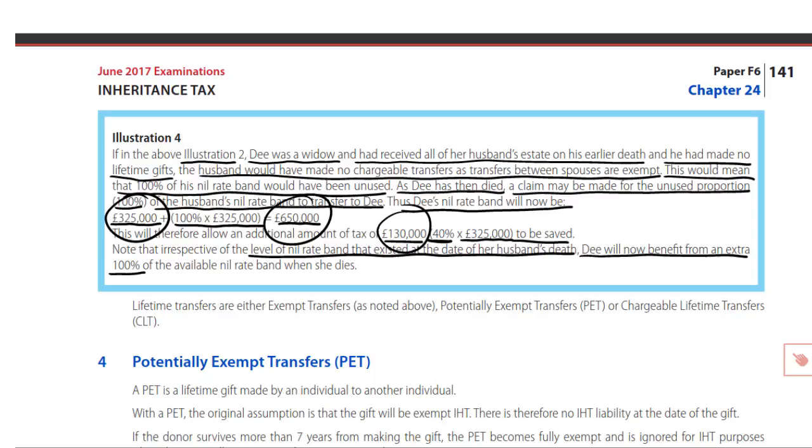Very good news indeed. Now again, that was a fundamental change that occurred towards the end of the 2000s, and probably still the most important bit of IHT legislation ever since its introduction. All you've got to do is pick it up and use it.